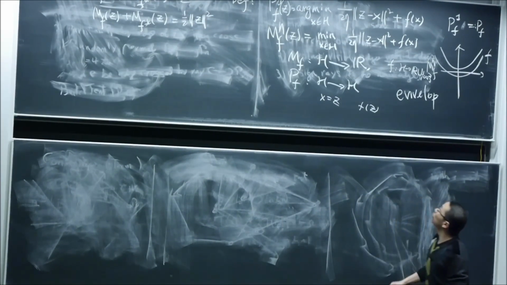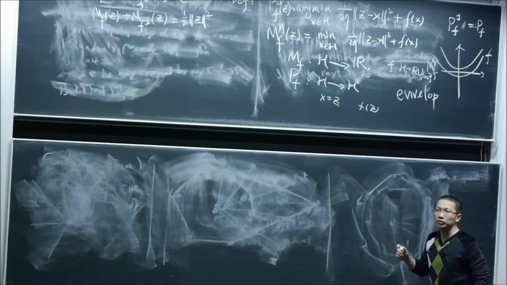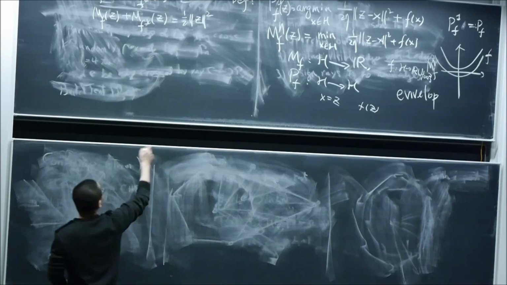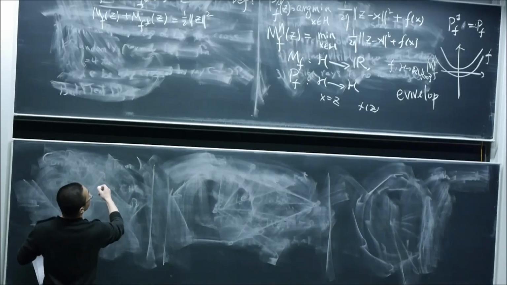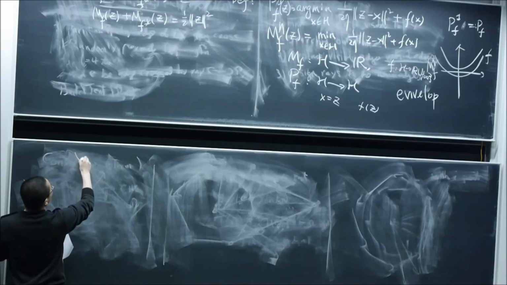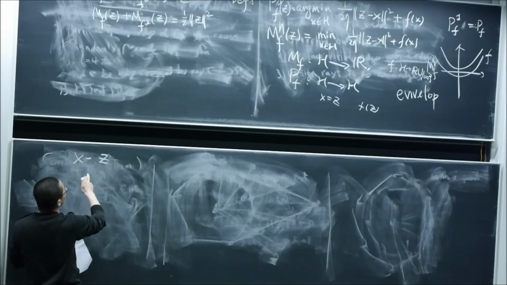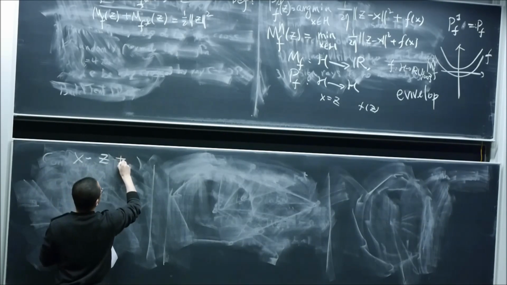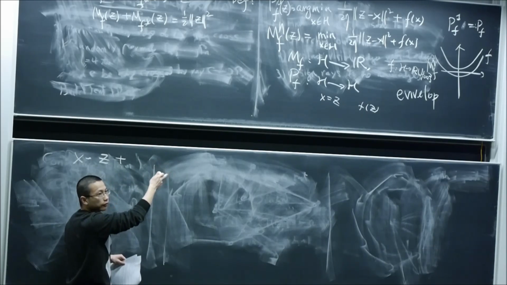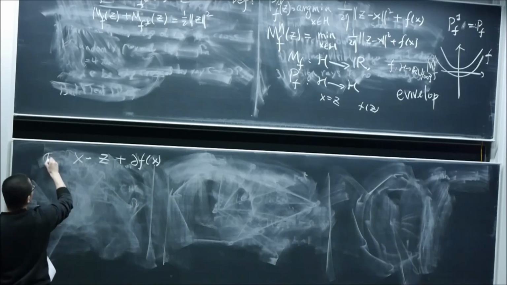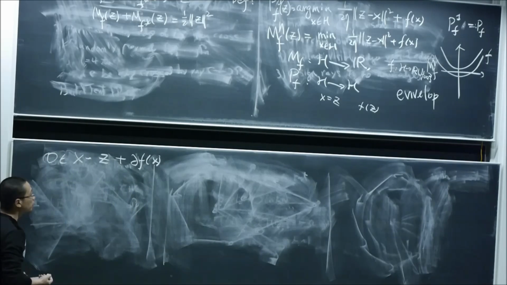So now the next thing we do is, what is the minimizer? Well, we just take the derivative of the minimization problem. If x is a minimizer, we get x minus z plus the subdifferential of f at x, and 0 has to be in there.